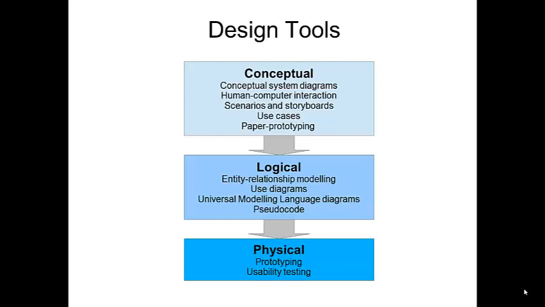So this week, we're going to deal with the conceptual ones at the top. So we're going to look at conceptual system diagrams, human-computer interaction, scenarios and storyboards, use cases, and paper prototyping. So that's the rest of this lecture. And then on the week after next, we'll cover the logical and physical modeling components sections.